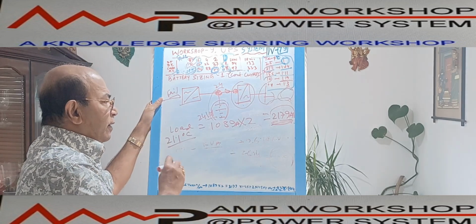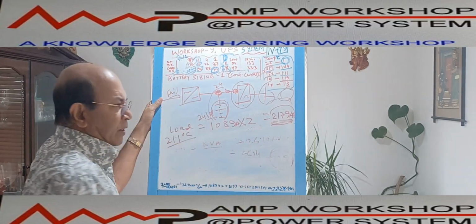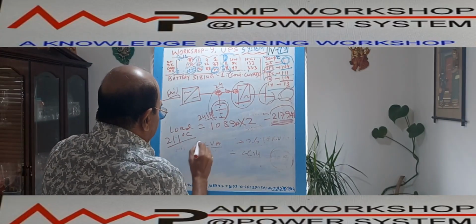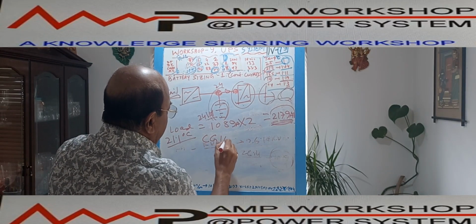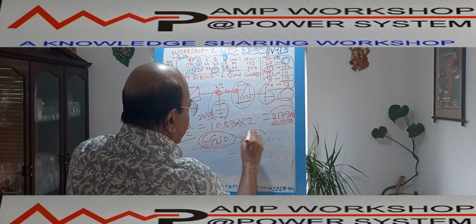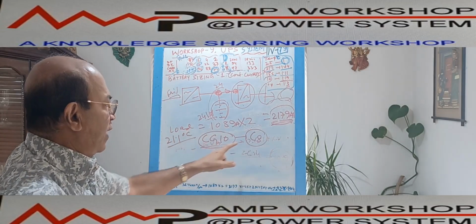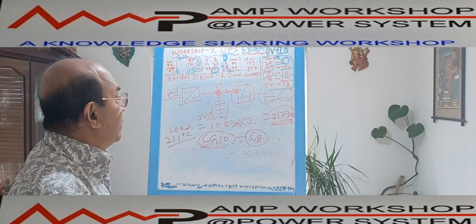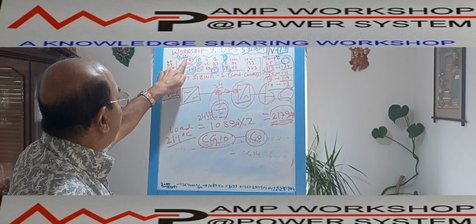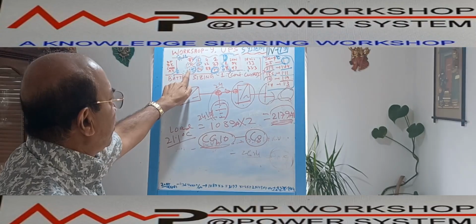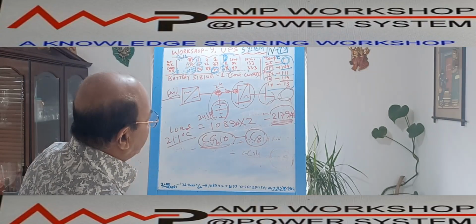Suppose I have selected a CG10 battery. How is it defined? A C8 capacity is specified. The manufacturer has given the CG10 battery in terms of C8 capacity, that means 8 hour capacity. It gives 104 ampere hour. So I have to now calculate all these factors.